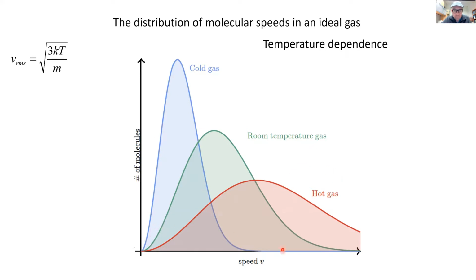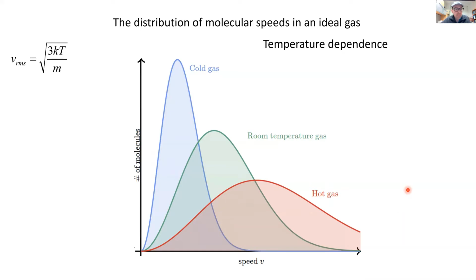So the distributions are normalized so that the area under them is 1. And that just reflects that we have a tank of a fixed amount of gas, and we look at the distribution for cold, room temperature, and hot.